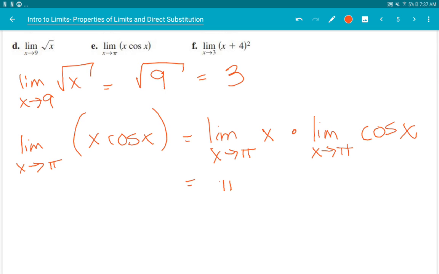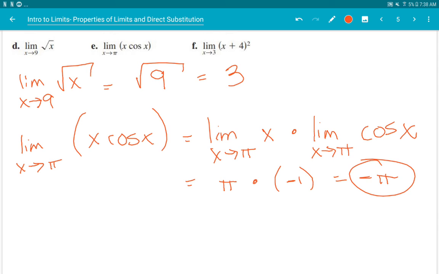Well, that's just a substitution. You're going to get pi times, right? What is the limit of cosine of x as x approaches pi? The cosine function as x approaches pi is going to be equal to -1. So pi times -1, and you're going to get negative pi as your limit. That's going to be the value of y that you're going to approach as x approaches pi.